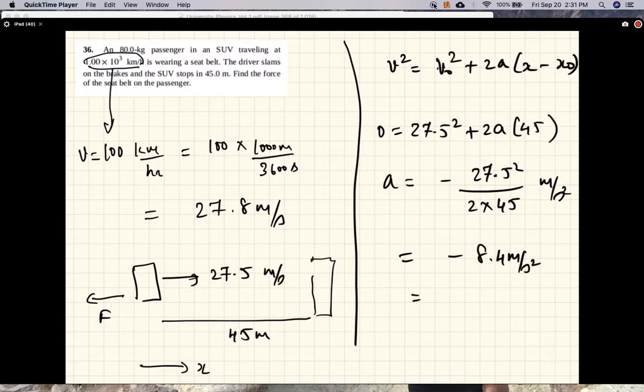And again, I'll write this in units of g: minus 8.4 meters per second squared, divided by g, 9.8 meters per second squared. So what this is equal to is 0.86 g.